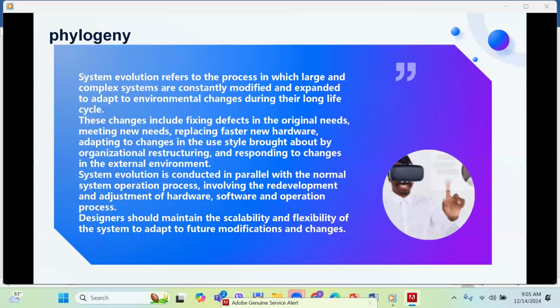System evolution is conducted in parallel with the normal system operation process, involving the redevelopment and adjustment of hardware, software, and operation process. Designers should maintain the scalability and flexibility of the system to adapt to future modifications and changes.